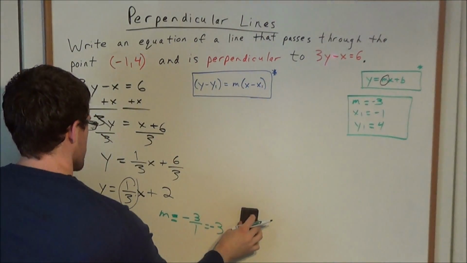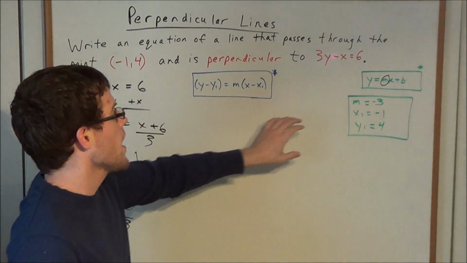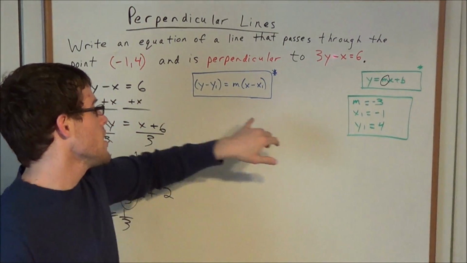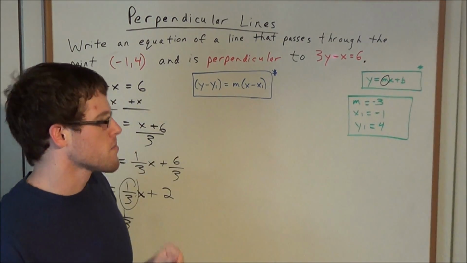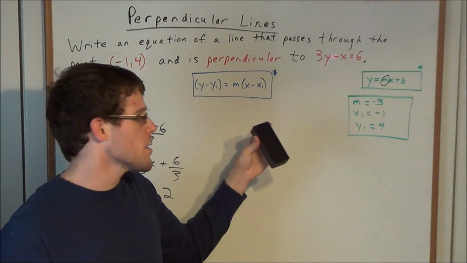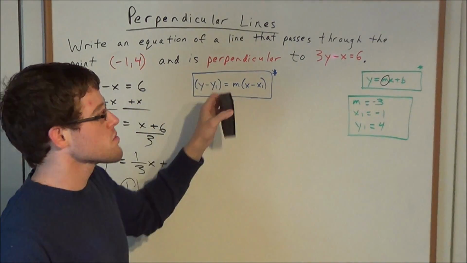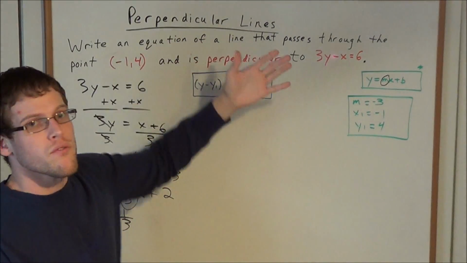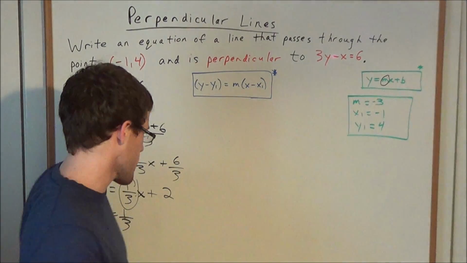Now we can use these three pieces of information and put them into the point slope formula. As I said in a previous video, the point slope formula is actually just the slope formula rearranged to make the algebra easier for this step.